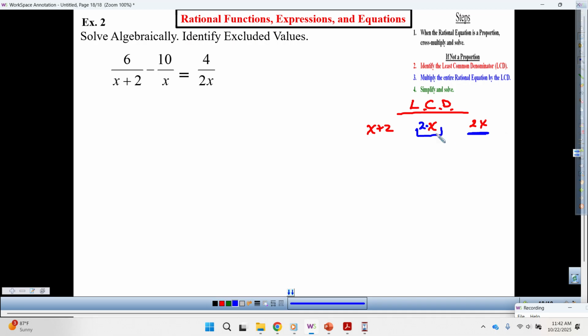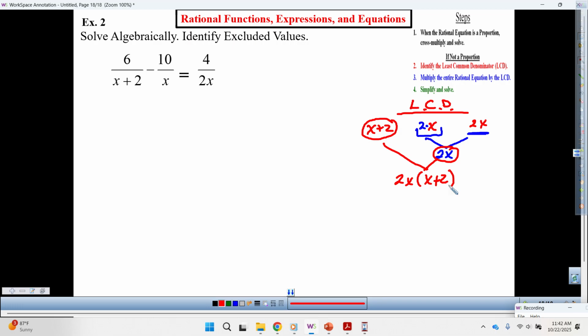So then I multiply times 2. So my common denominator for these two is 2x. If we don't have any more small ones, at the end, we just multiply the big one, or the binomial, times this one. So my LCD is 2x times x plus 2. That's all you do.